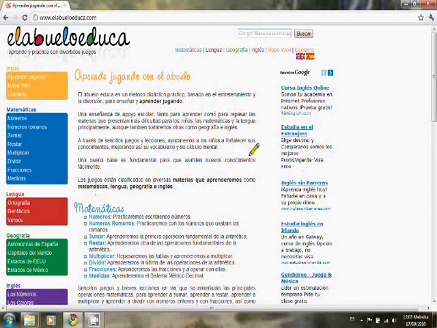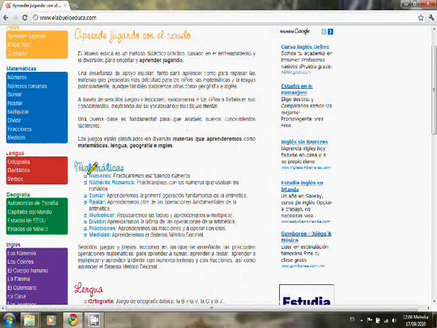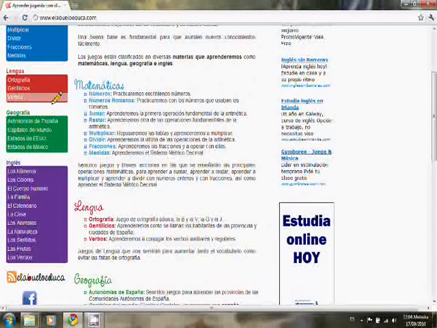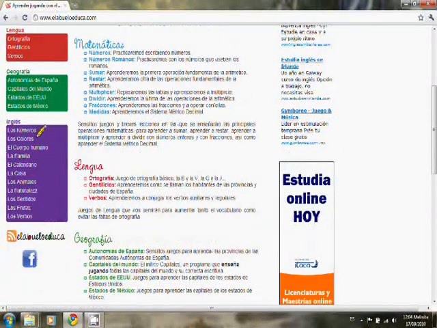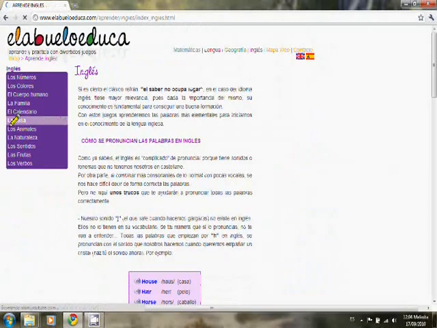Most of the page is in Spanish, but we can have math, language, geography, and English. We have here, for example, in math, divide and fractions, in language the verbs, and in geography the capitals of the world. But we are here to learn English, so we click on English.